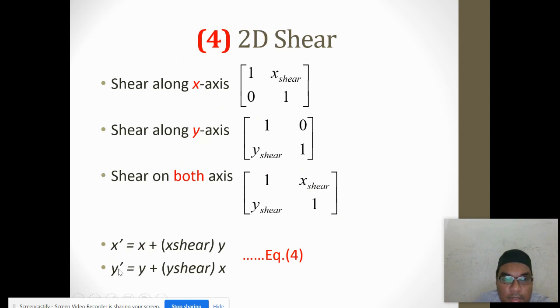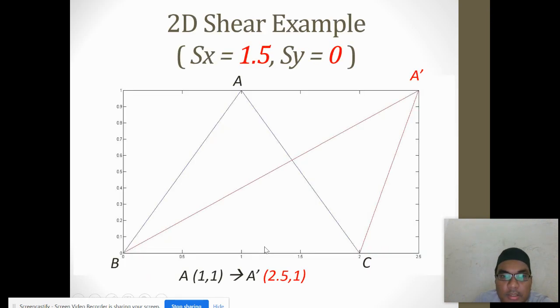The same goes for y dash. You can calculate it and confirm it later. It will result in this shape. It's like shearing slanted to the right and to the left.